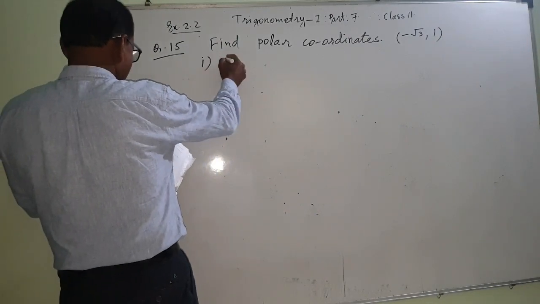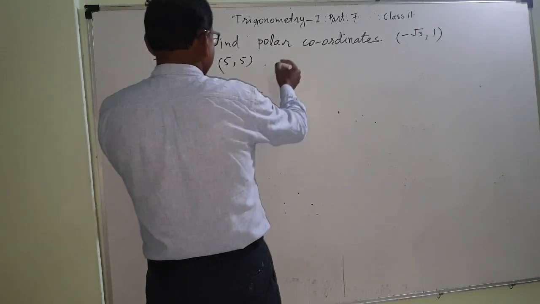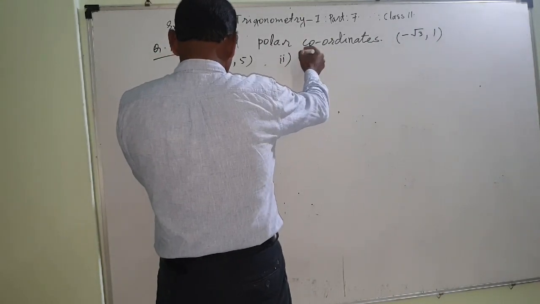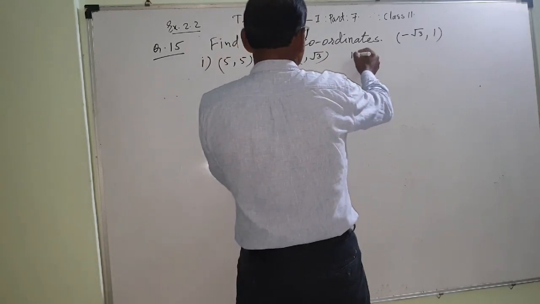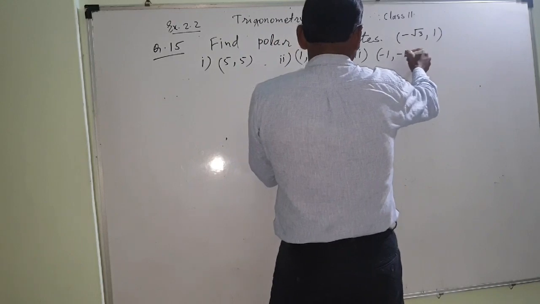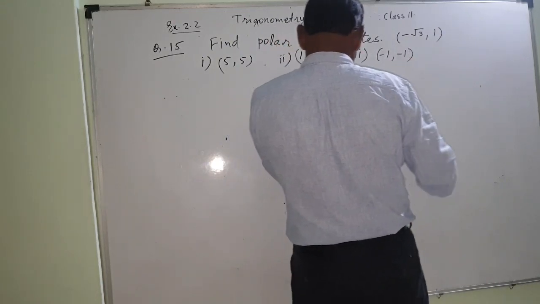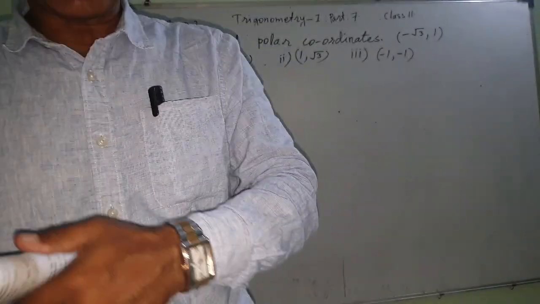The first one is 5 comma 5, second one is 1 comma root 3, third one is minus 1 comma minus 1, and the fourth I have solved. Hope that you have understood this.